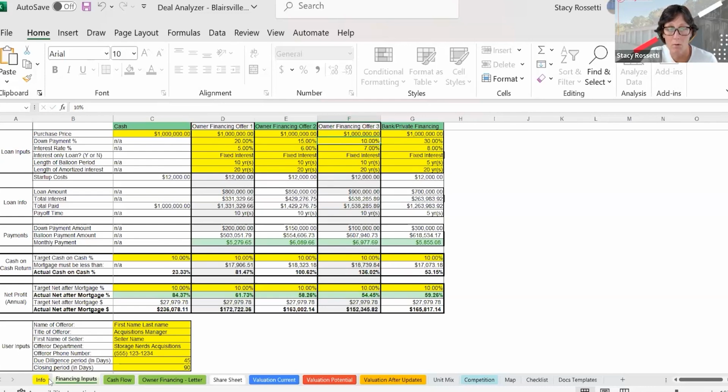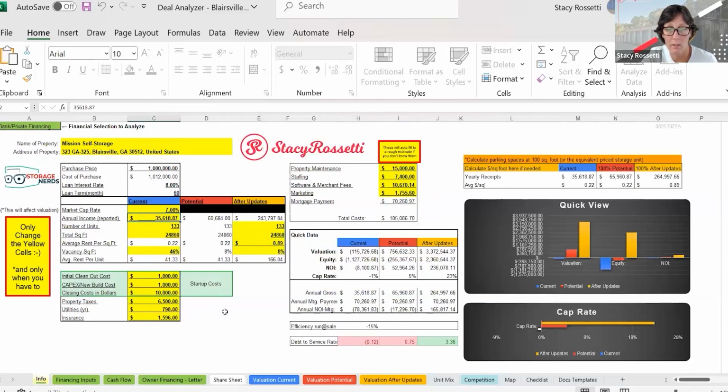Okay. Now, remember, this facility is only making $35,000 and I'm paying $1 million for this facility. It's valued at only negative $115,000. You could see that, right? So I'm way overpaying for this facility. All right. So I'm betting that I'm going to be able to stabilize this facility.